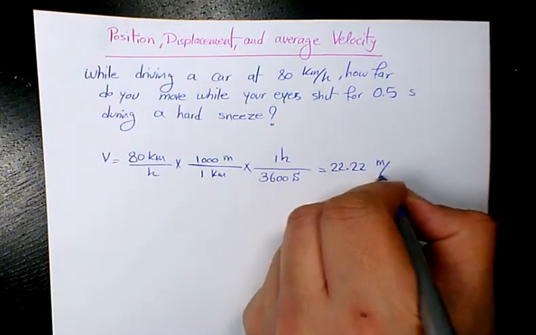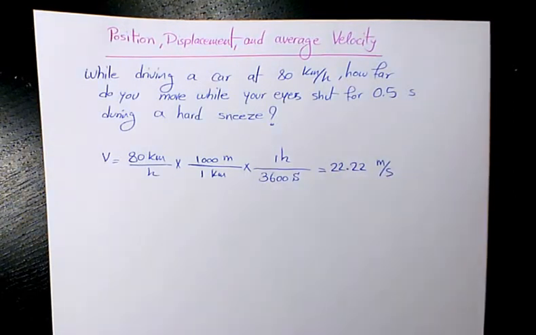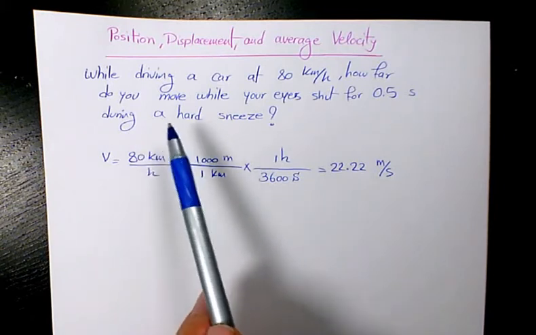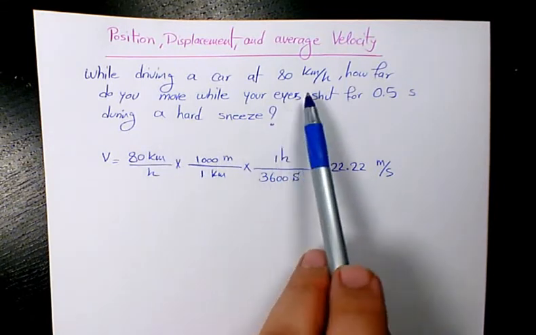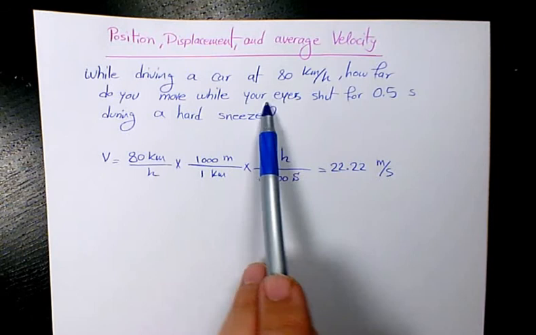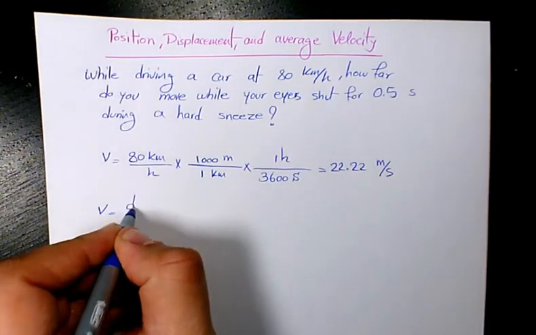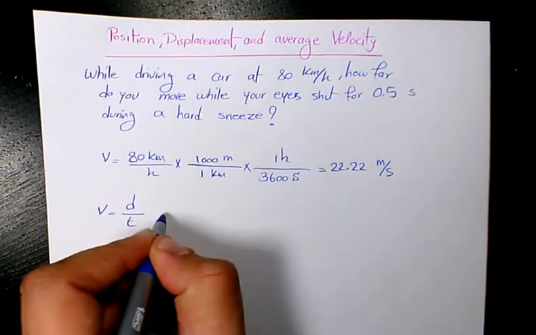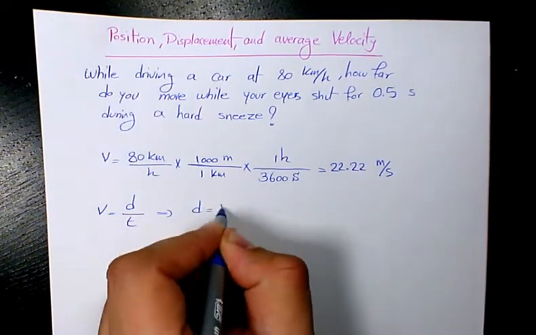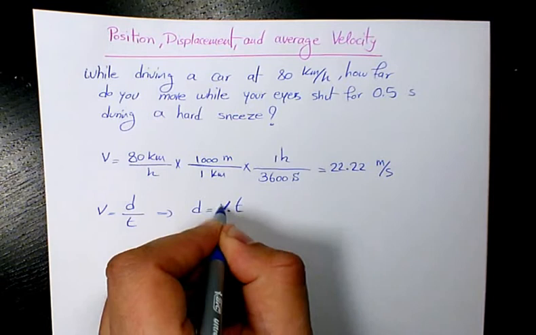meters per second. And then we need to say how far do you move while your eyes shut for half a second. So we know velocity is distance divided by time, so it means that d equals v times t.